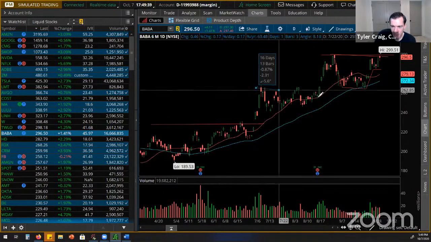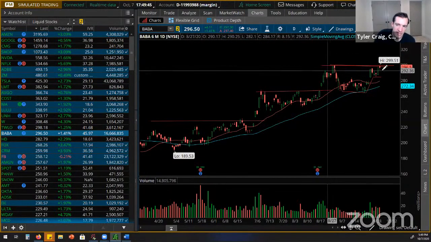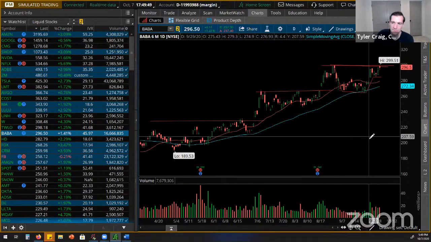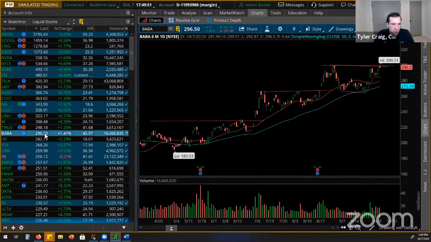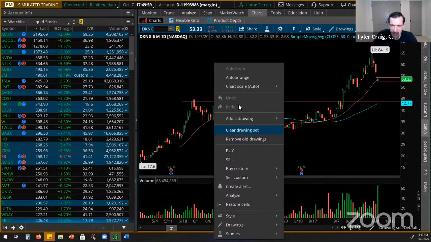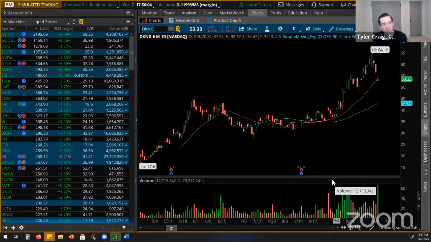Breakout follow through. Sitting at 300 bucks, nice round number as well. Okay, not bad, not bad. So I like Baba. Okay, like that one. All right, a couple of you have put in DraftKings, DKNG. This would be a bull retracement.